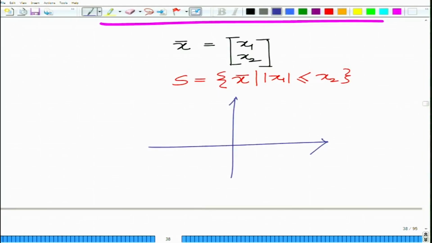This is your x1, this is your x2, and this line represents magnitude of x1 equals x2, or these two lines.